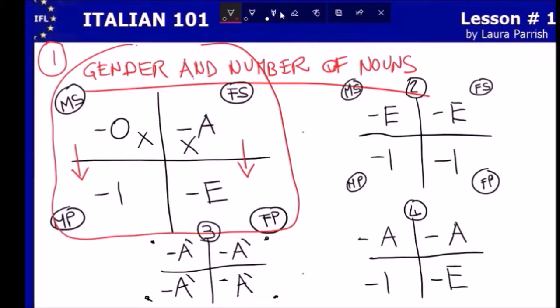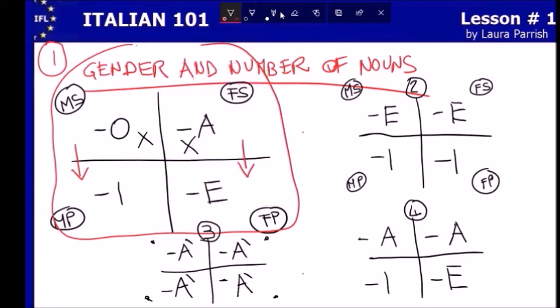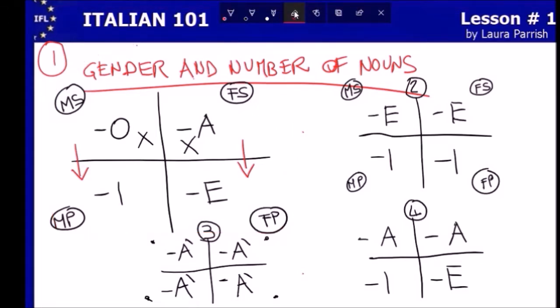Okay? So now let me change the color. I just want to show you, I don't think I have too much space because I wanted to show you some examples. Maybe if I delete something, it will be a little bit better.